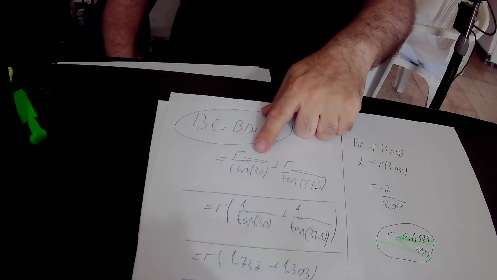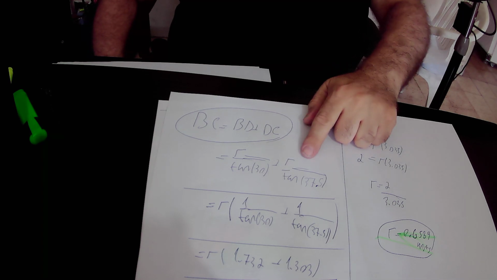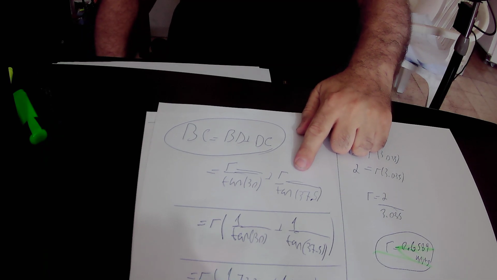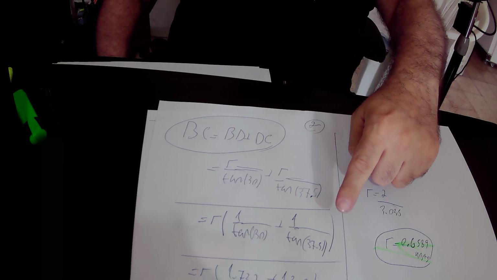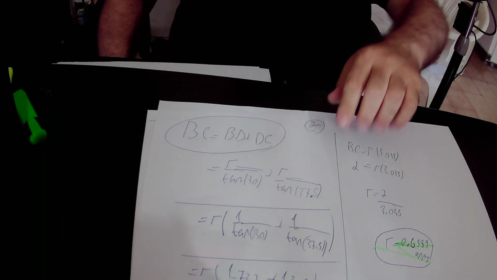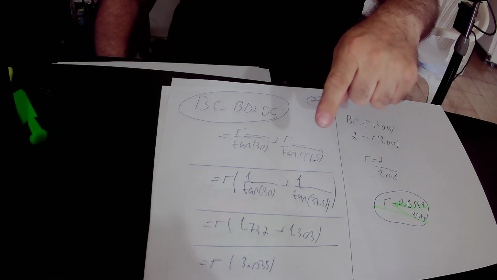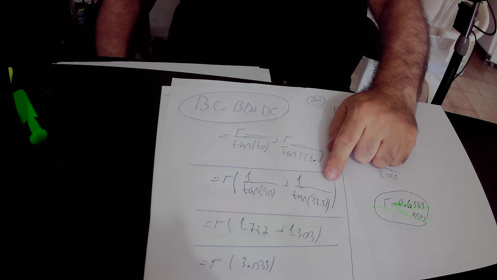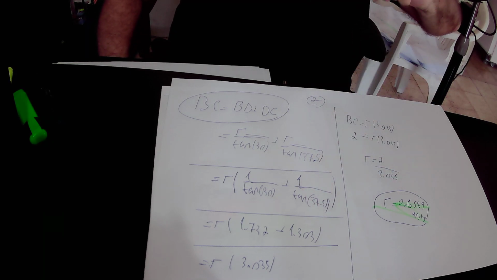What is left is 1 over tangent 30 degrees, and 1 over tangent 37.5 degrees. 1 over tangent 30 degrees equals 1.732. 1 over tangent 37.5 degrees equals 1.303.